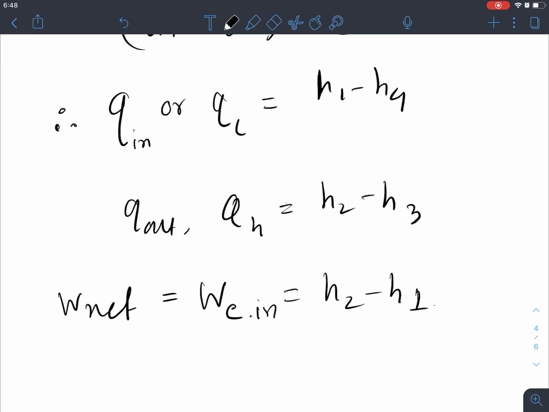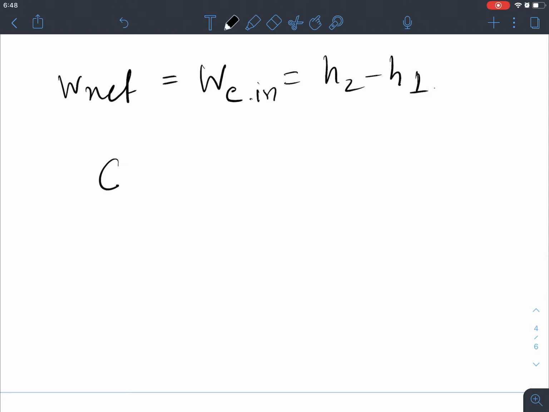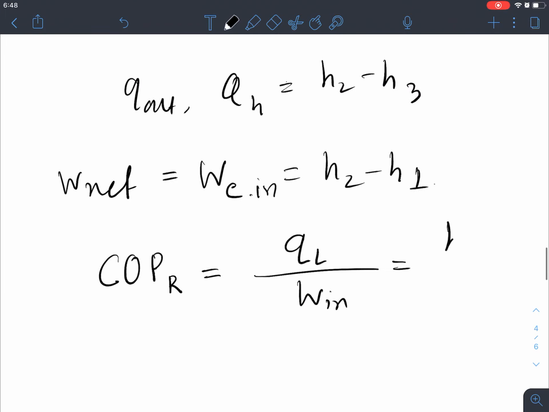So we know pretty much all of the terms. We can determine the coefficient of performance, right? So we saw in the last class the definition of the coefficient of performance of the refrigerator equals QL divided by W in. So QL we know is H1 minus H4, divided by W in, H2 minus H1.